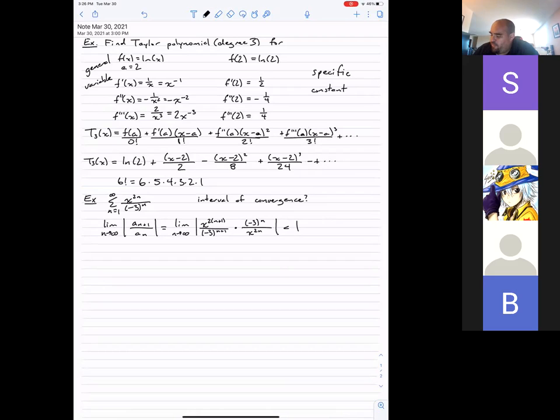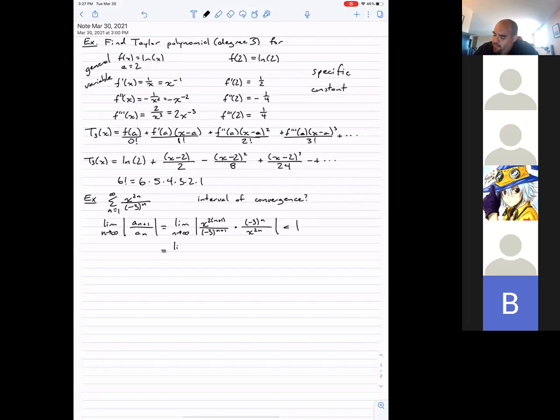All right, where can I go from here? We simplify the top and bottom. Okay, and if I simplify, what will this look like?